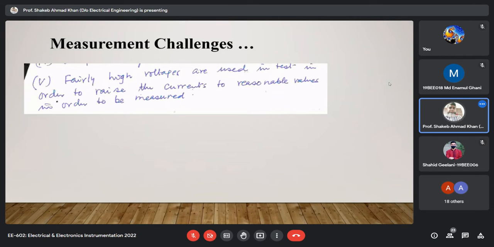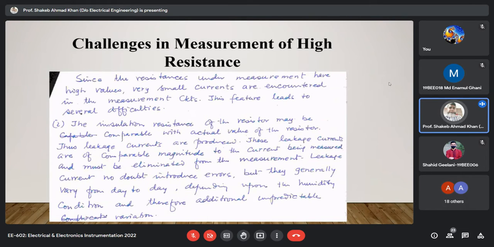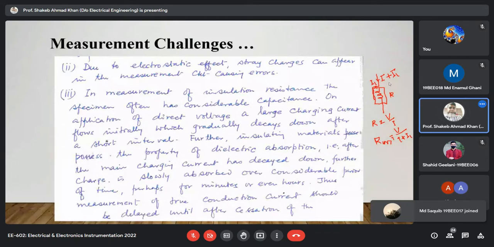So the main issue we should be careful about is leakage current. Leakage current is basically the most potential cause of error, because the stray charges are not much of a problem: at the starting, if we are shorting or grounding the terminals, then these stray charges will get away.